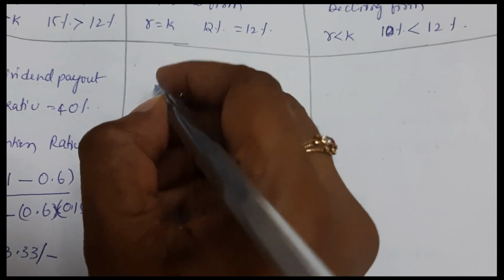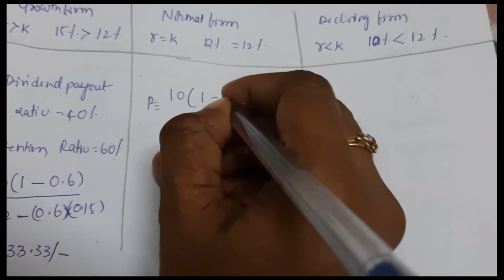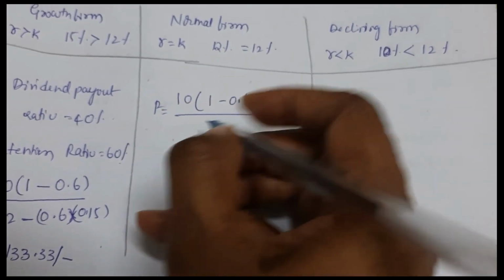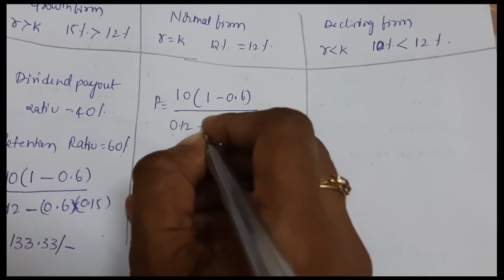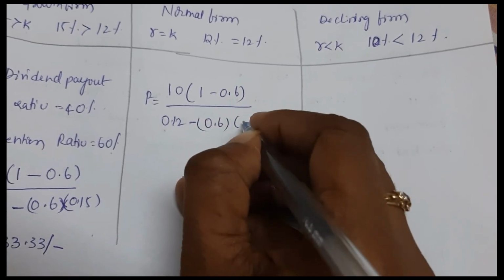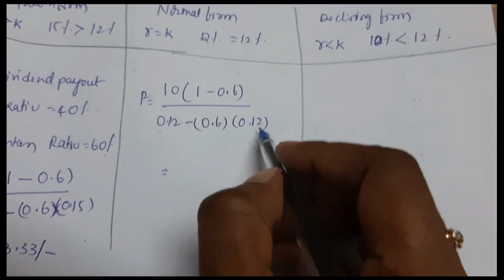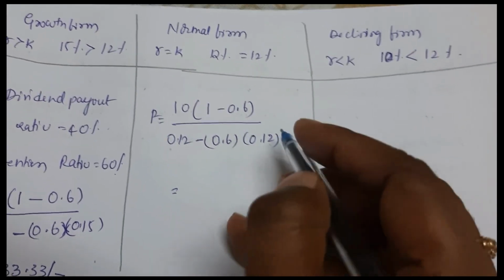If we consider normal form, then P is equal to 10 into 1 minus 0.6 divided by 0.12 minus 0.6 into 0.12, as R is 12% here.